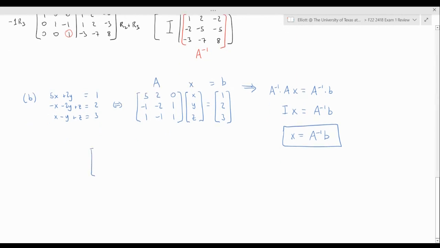So since we calculated the inverse, that means you can use it to solve the system of equations. So the solution for x, y, z is going to be A inverse times B, which is 1, 2, and 3, okay?